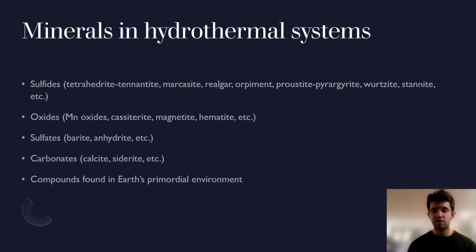So the minerals present in these hydrothermal vent systems are all required for chemosynthetic processes to occur: the different sulfides, oxides, sulfates, carbonates, etc., that are all found at these sites. And as we know, different organisms use these chemical compounds to create energy.